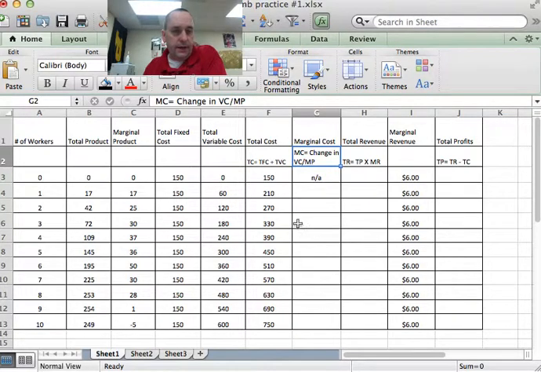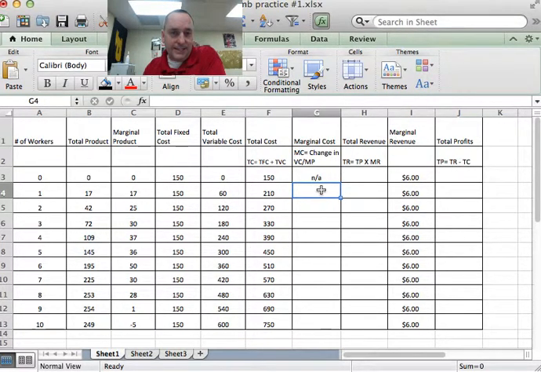All right, now here on the second part, I'm going to explain these last three columns to you. The marginal cost is how much the variable cost changes divided by the marginal product. So step number one is how much did my total cost or my variable cost change? Either way, you can look at either one. My variable cost changed $60 because I went from 0 to 60.